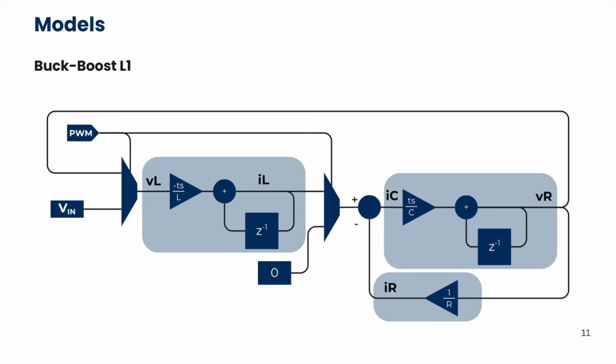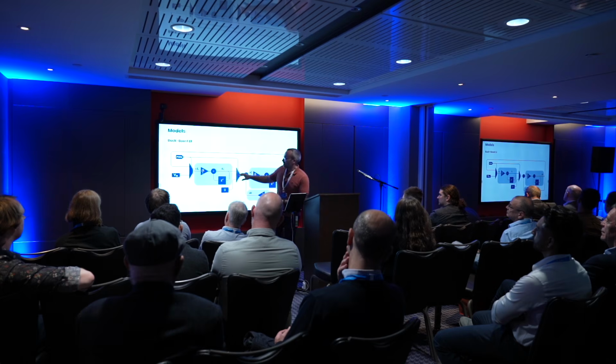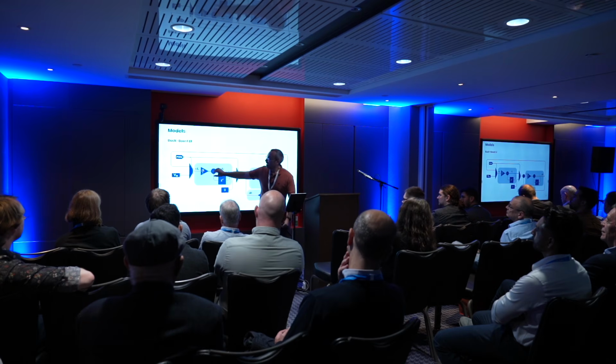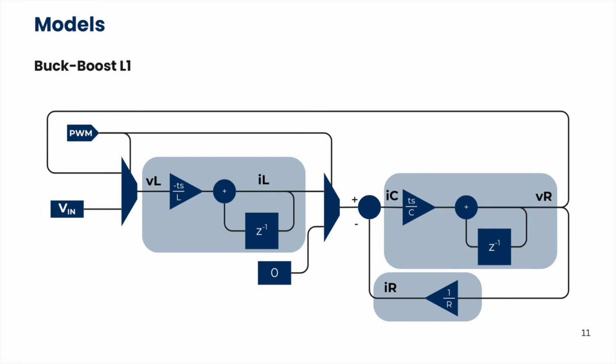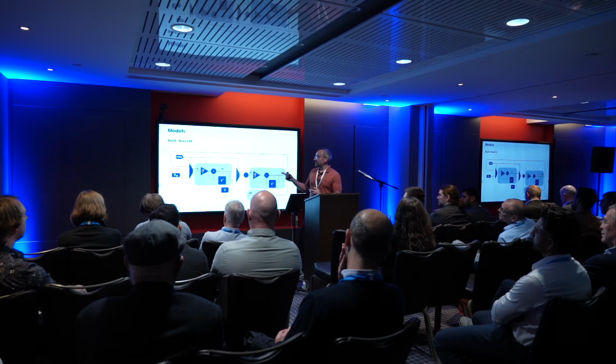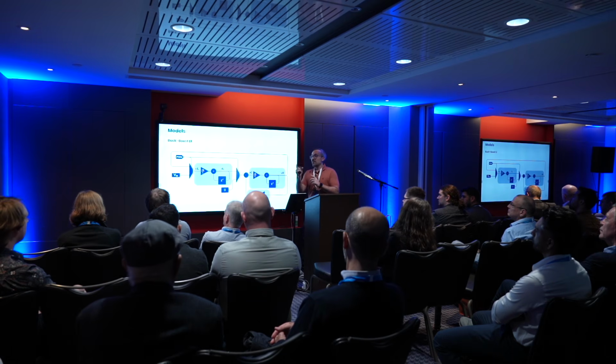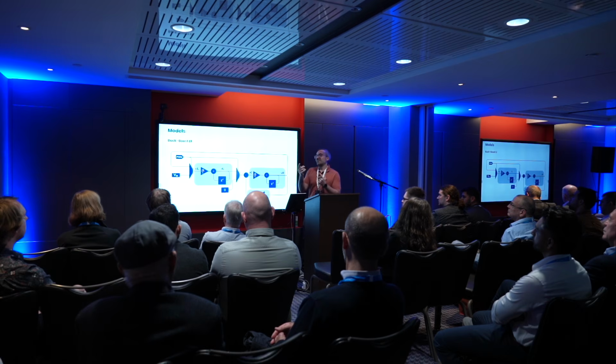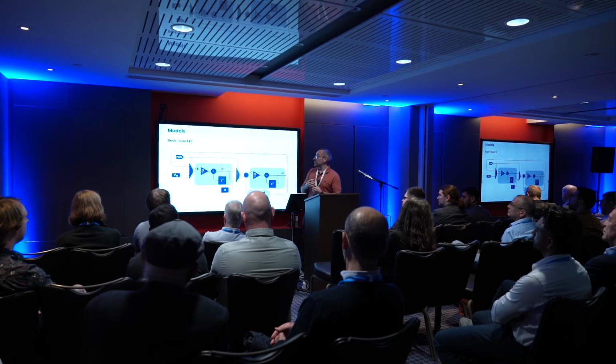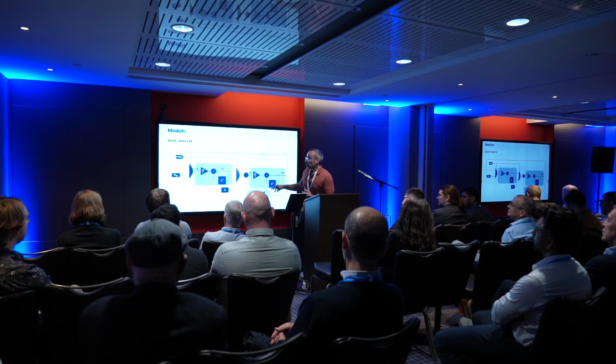Then we have this block, the block on your left, which is the inductor. The inductor has a voltage applied to the inductor as an input, and then it will return us the current through the inductor. It is the same for the capacitor. In the last slide, I showed you the capacitor as a derivative, but we can invert that, make it the opposite, and translate it into an integral, which is essentially what I did here.